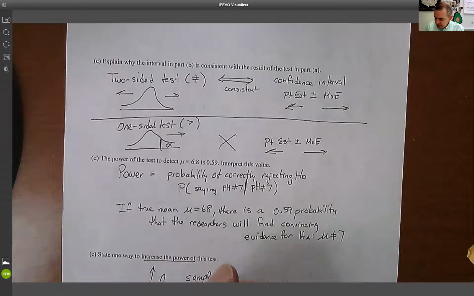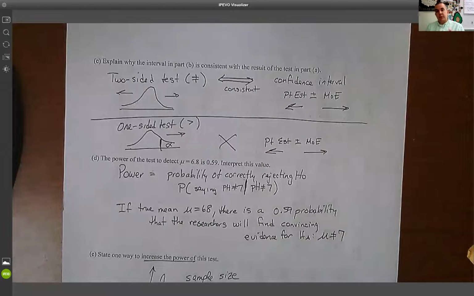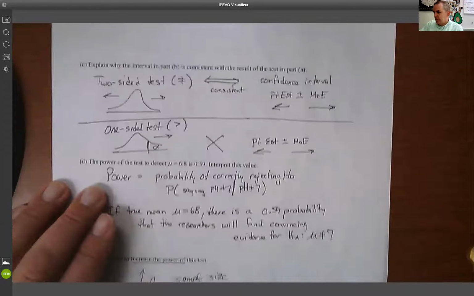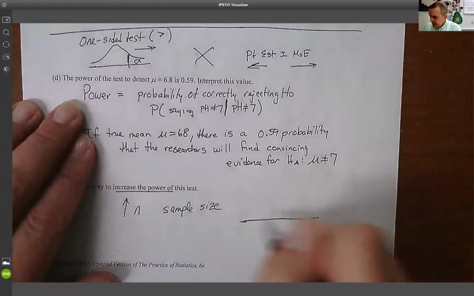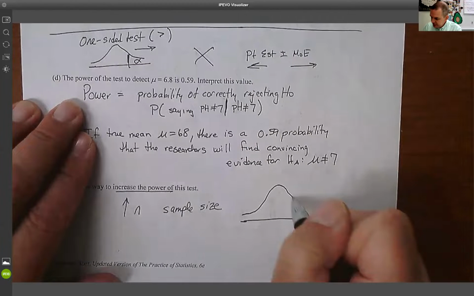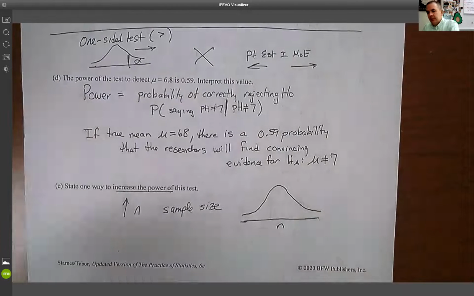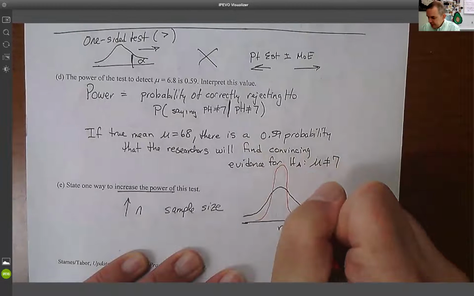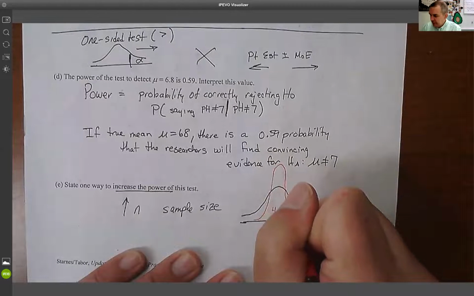If you increase your sample size, it reduces your variability. Again, I've used this example before. If this was a sample size of n, if I make it 4 times n, this is kind of what my curve ends up looking like. So that would be 4n of a sample size.